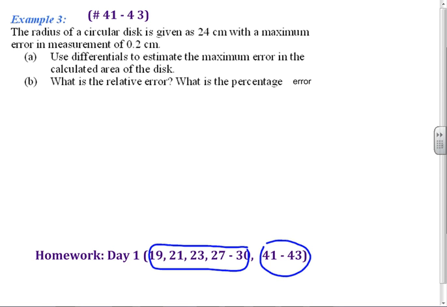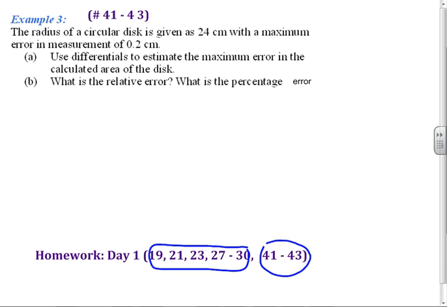If you're a machinist and you're building something and you have to make these little discs, you can't possibly come up with a radius of 24 every time. You're going to be off. 24.1, a little bit less than that. And so what we'll do is have a tolerance of 0.2 centimeters.